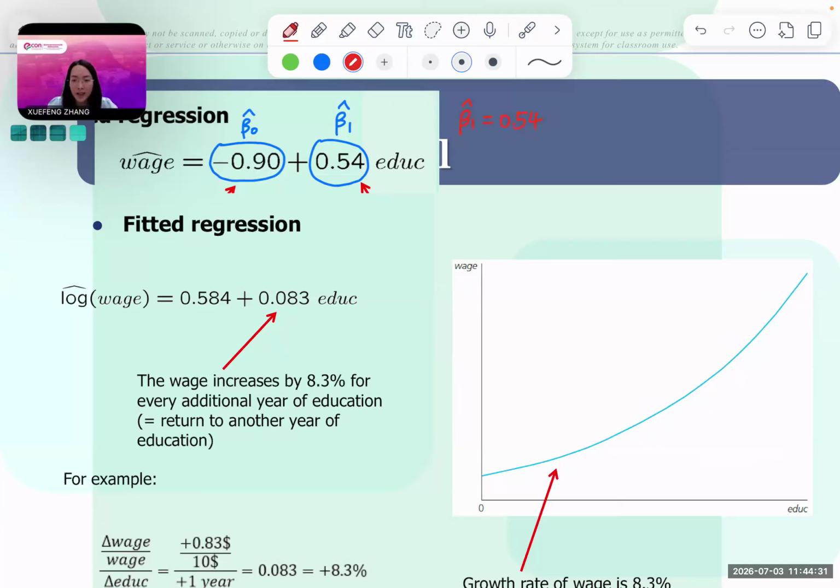Okay, and this is the dollar amount and it's fixed. But now we have 0.083. Okay, this is our new beta 1 hat. What does this mean? The wage increases by 8.3% for every additional year of education, okay, which means the return to another year of education.